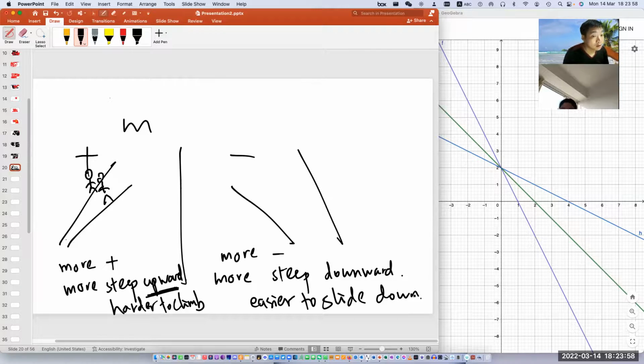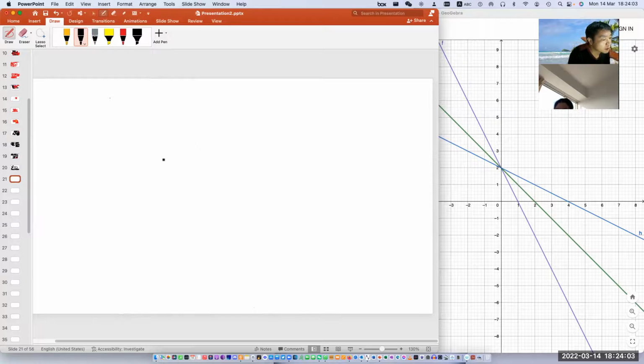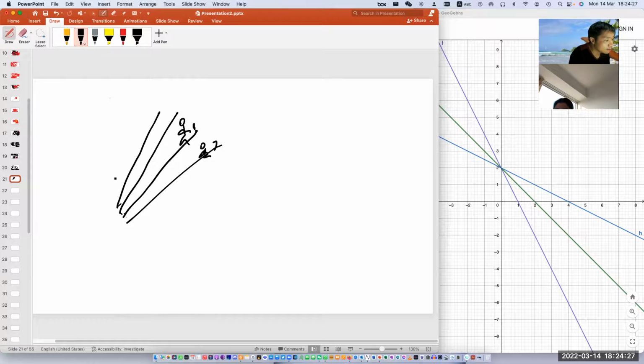All right. So like I say, more positive is harder to climb, right? Wow, this one is so hard to climb. Harder than this one. So this is person 1, this is person 2. So person 1 has more difficulty climbing up the slope than person 2. So there is going to be a point that is a straight line.